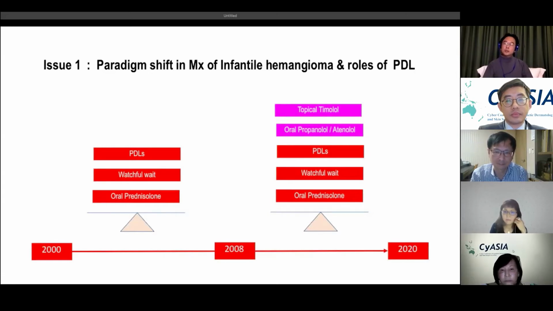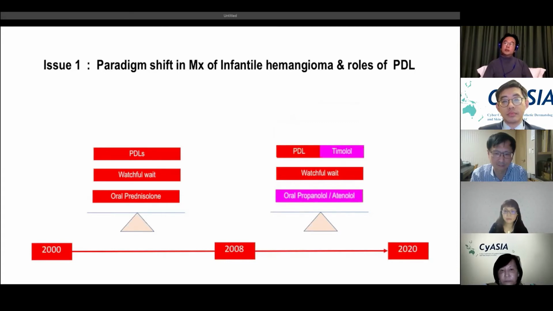Over the last 12 years, oral propranolol has completely replaced the role of oral prednisolone. I could not remember when was my last prescription of oral prednisolone for a patient with infantile hemangioma. Whereas for superficial hemangioma related to cosmetic issues, we will combine timolol with or without pulse dye laser.